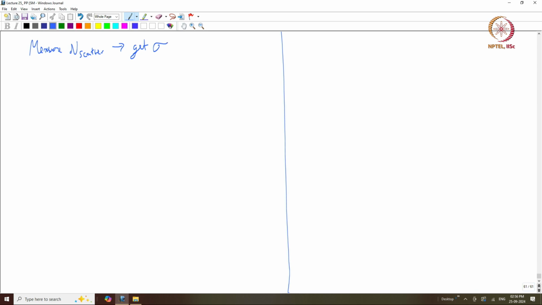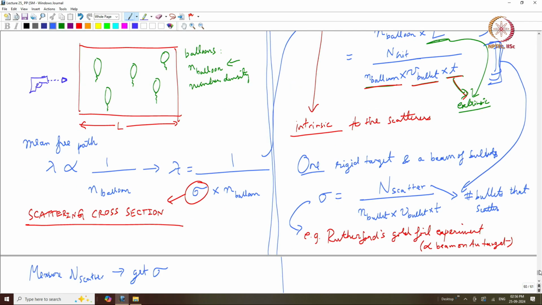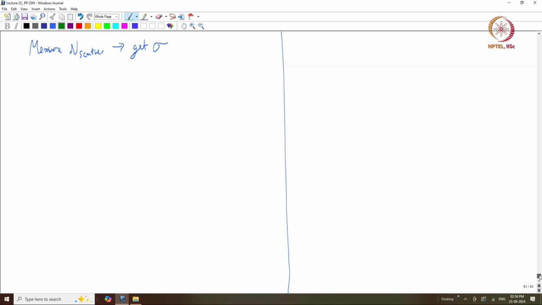Now this combination of the number density of the bullet times the velocity of the bullet, right? So what is that combination basically? That's nothing but the flux.